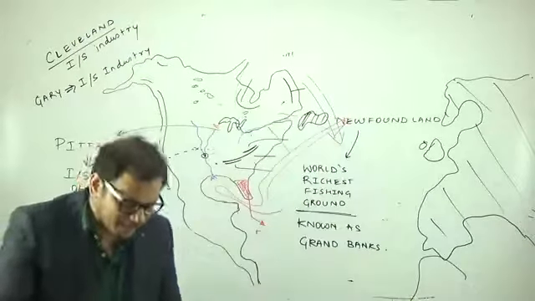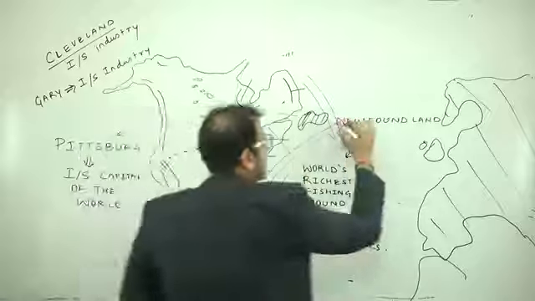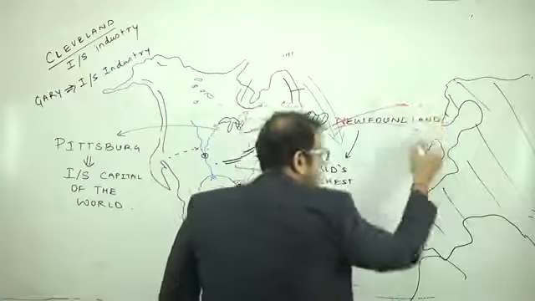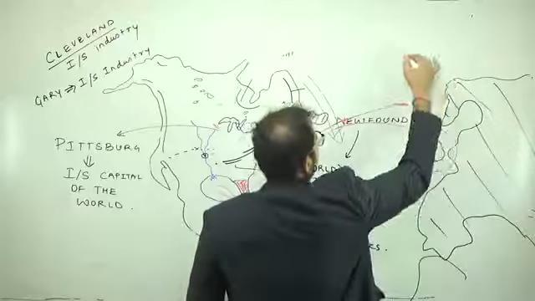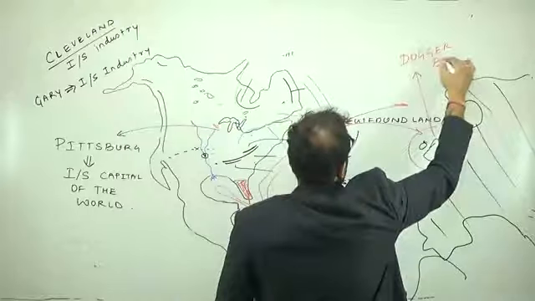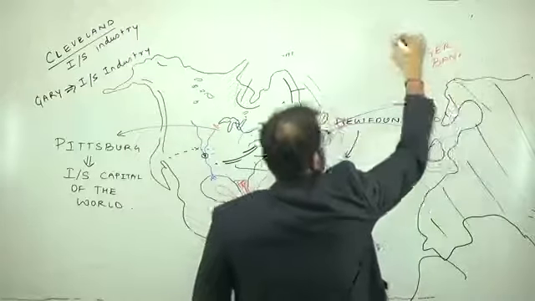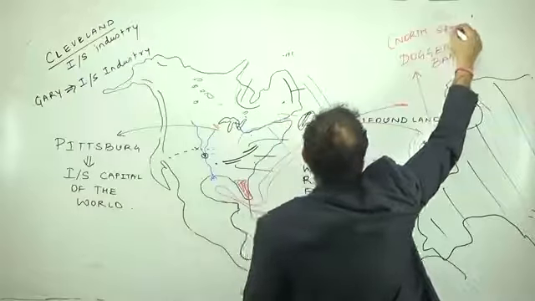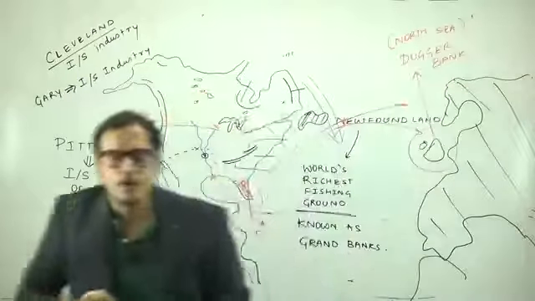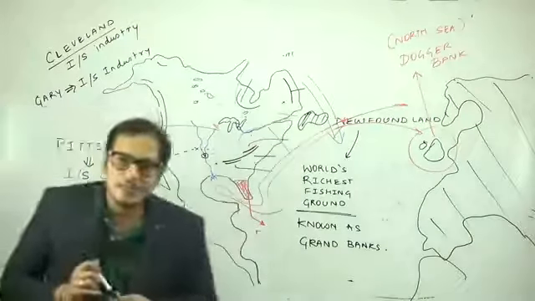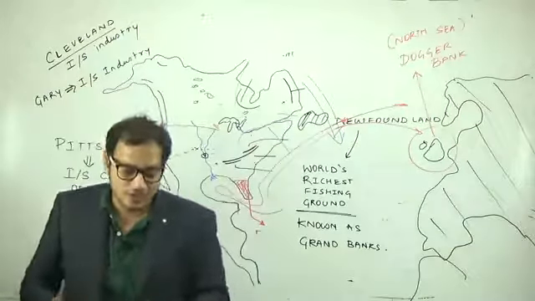We have already done that this goes as the North Atlantic drift in the European part, and therefore even this region, the Dogger Bank in Europe around the North Sea region, is the second most important fishing zone of the world. But the richest zone is the Newfoundland region in North America, near North America.